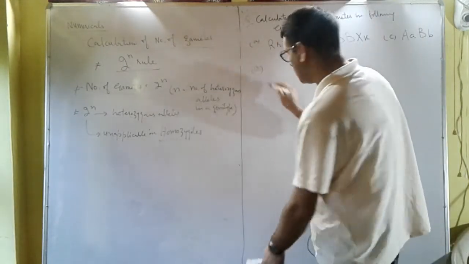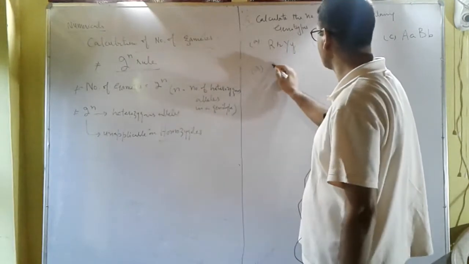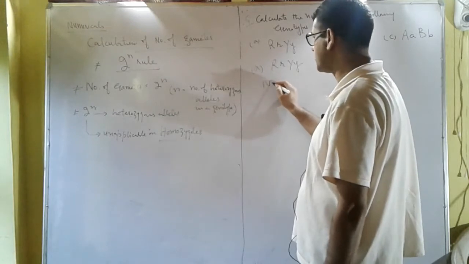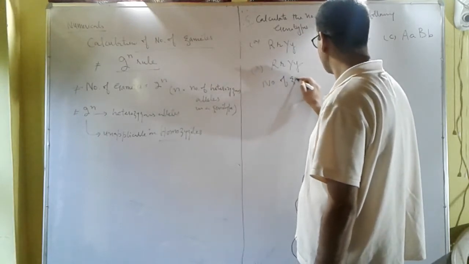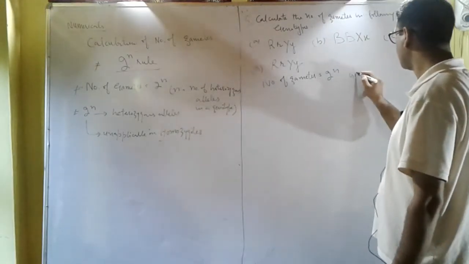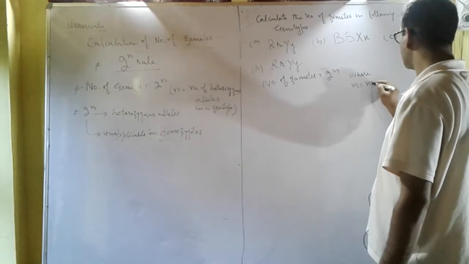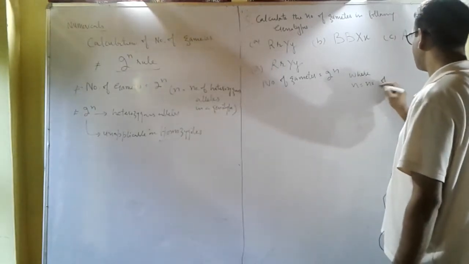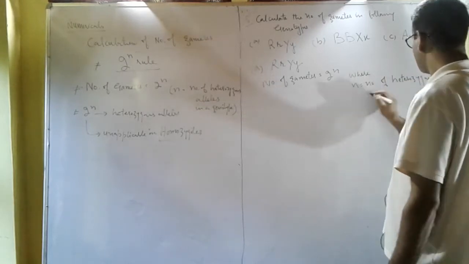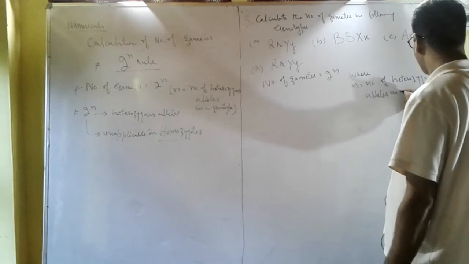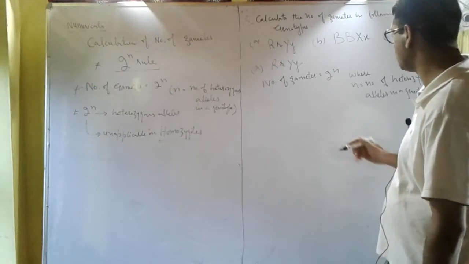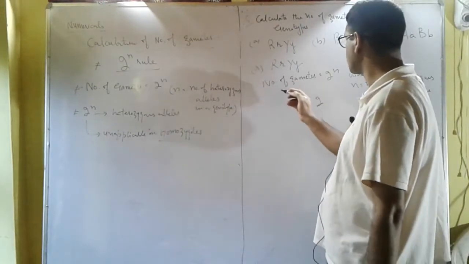This is the first one. We have capital R, small r, capital Y, small y. So number of gametes is equal to 2n rule, where n is the number of heterozygous alleles in a genotype. How many heterozygous alleles are here?